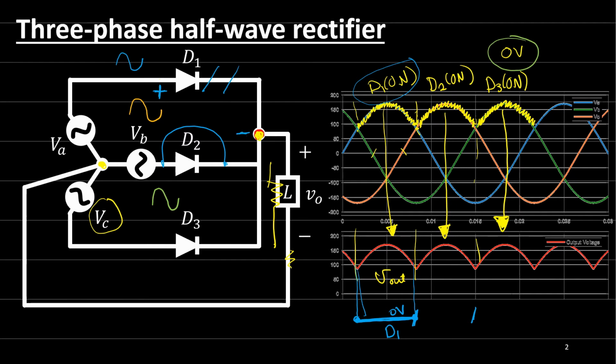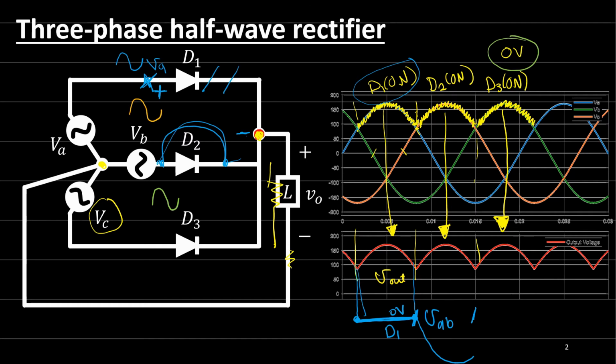And this point actually is connected to what? To VB. This point is connected to VA. So the voltage across diode 1 is VA minus VB, which is VAB. This is the line voltage, VAB. So it will be something like this.